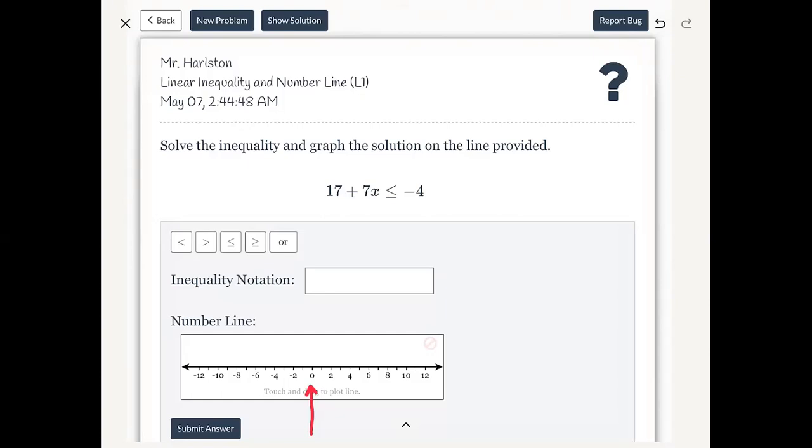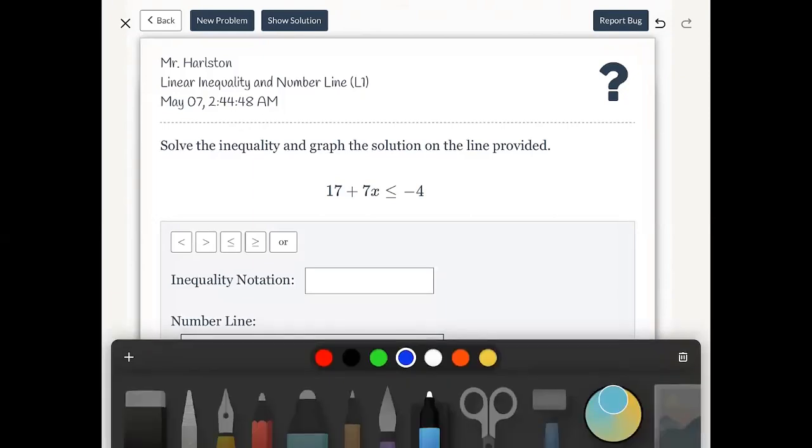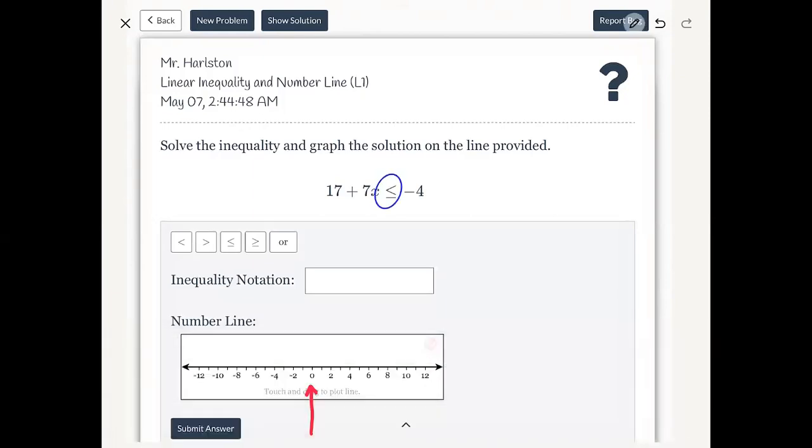So what you see on the screen is 17 plus 7x is less than or equal to -4. Now, you can't use Nsolve unless you have an equation that has one variable. This has one variable, but it's not an equation, it's an inequality. And because it's an inequality, we won't be able to use Nsolve unless we make a change.